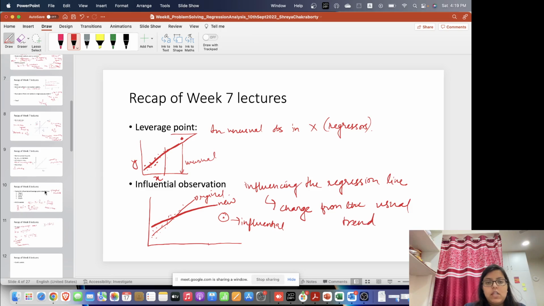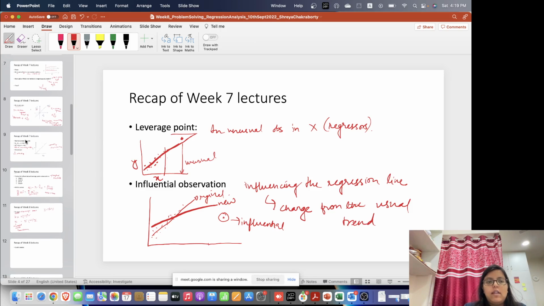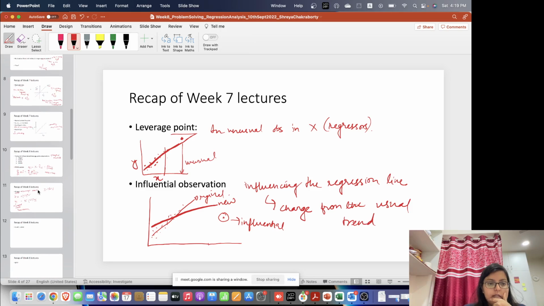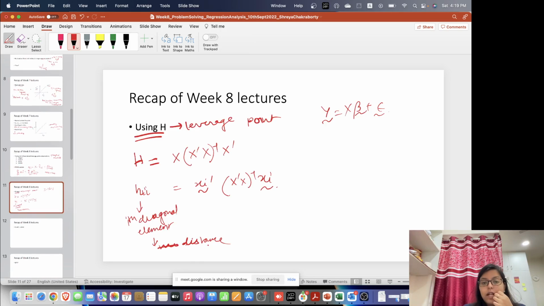So this was the intuition, and we had learned that the ith diagonal element of the hat matrix gives a measure of the distance of the ith x from the mean x values. Using these two intuitions, an analytical threshold was provided during this week, so I was just discussing that.